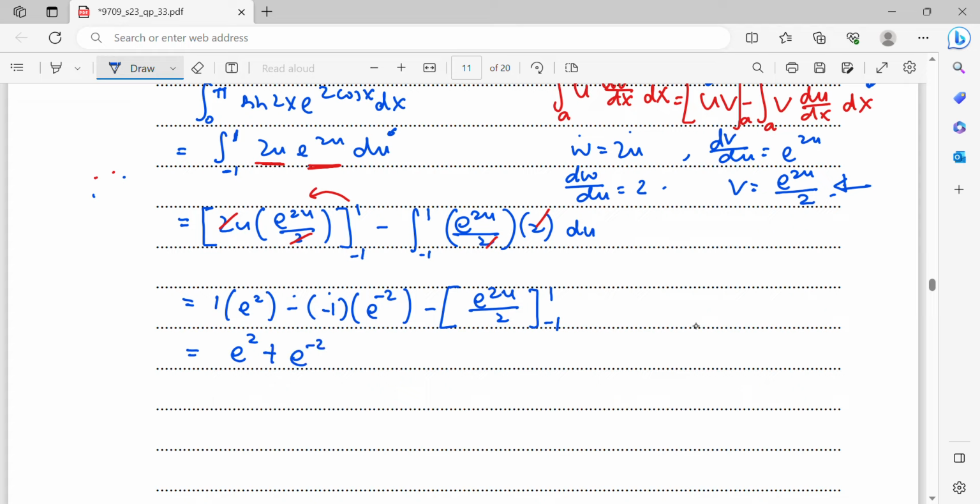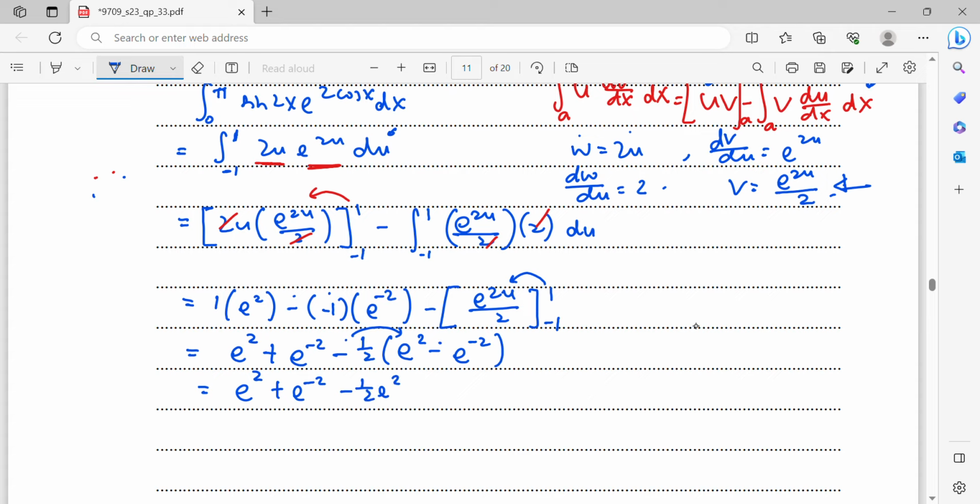Then this over 2, you can take it out. So negative half, bracket, bring in. So e squared minus e negative 2. Okay. So from here, when you open the brackets, I get e squared plus e negative 2. Then here is negative half e squared.